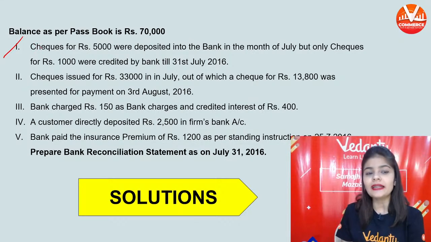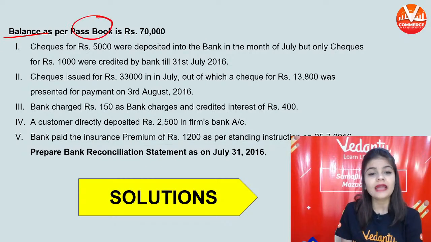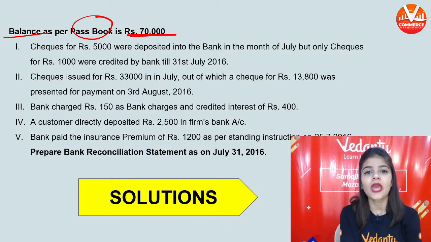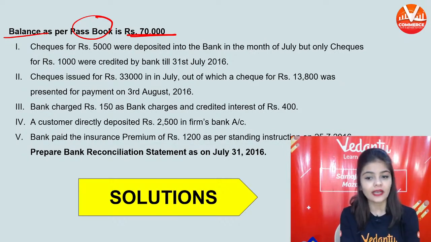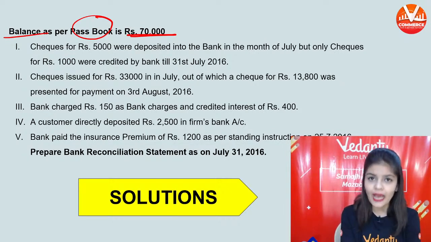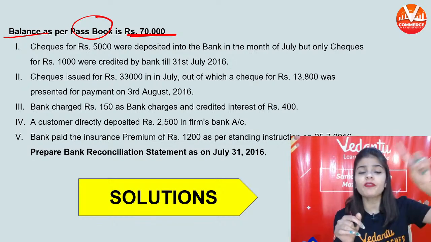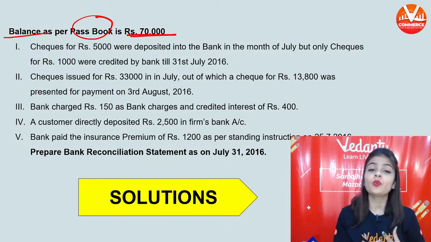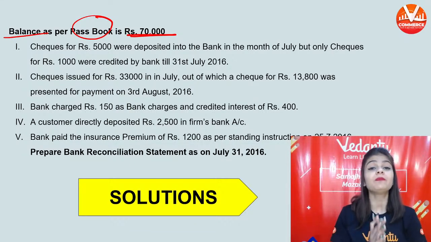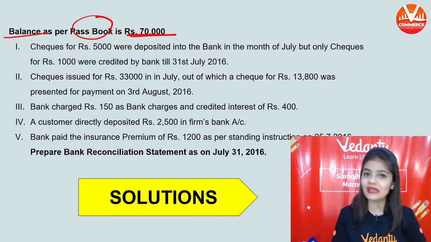So, starting with the question, the balance as per passbook is given, that is 70,000. हमें passbook का balance given है, that is 70,000. Now, if the balance of passbook is given, it means that we have to make changes in the passbook. किसका balance given है? Passbook का balance given है.